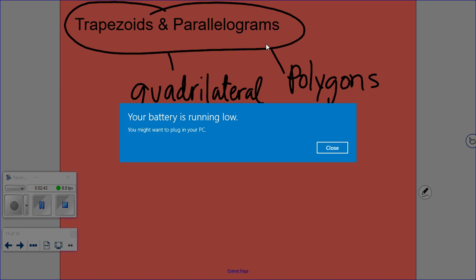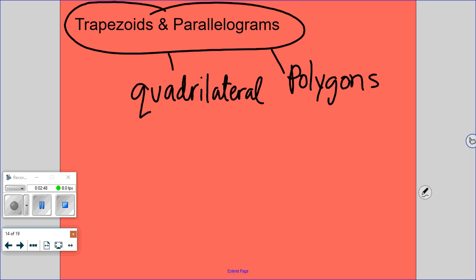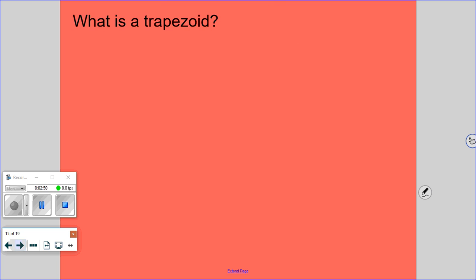So if you would please make a subtitle, and your subtitle is trapezoids. Oops. The attributes of a trapezoid. What's an attribute? What does that word mean? Going over attributes. What are attributes? You don't know.